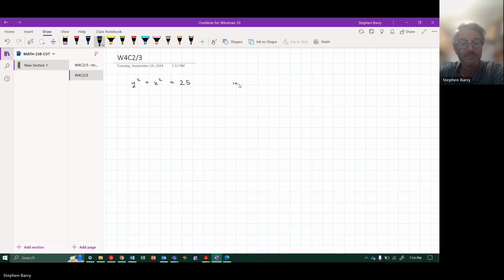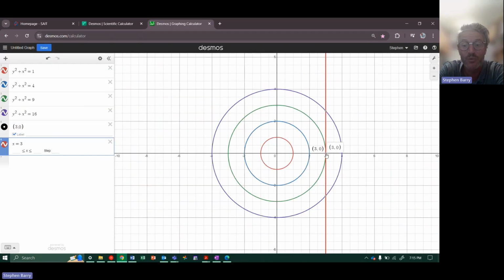Input is not specific. There's multiple outputs possible. Given one input, there's multiple outputs.